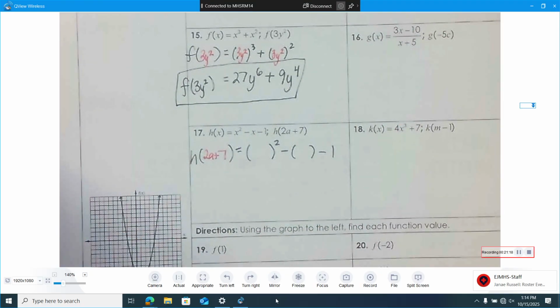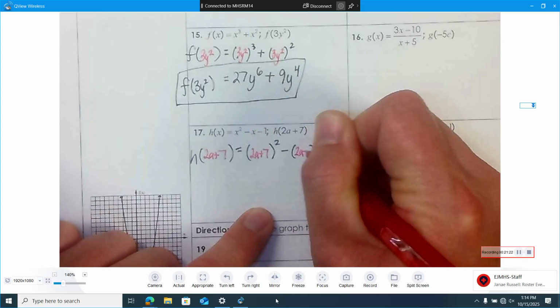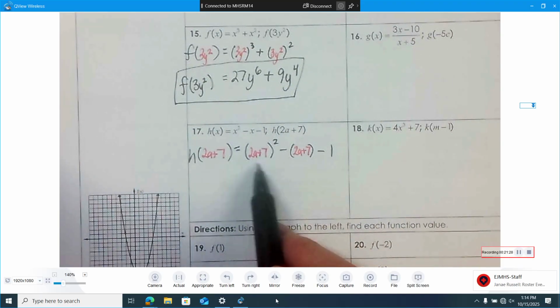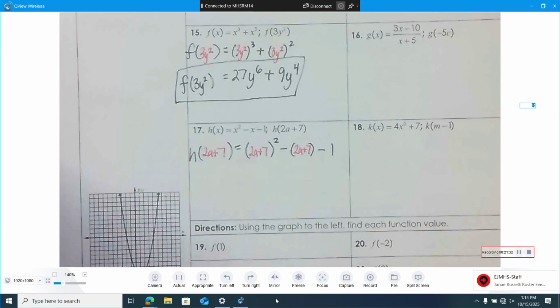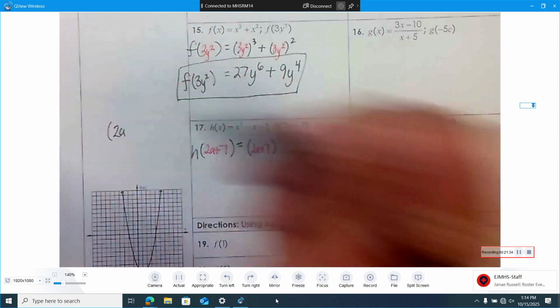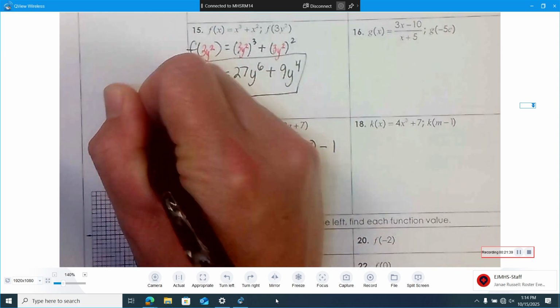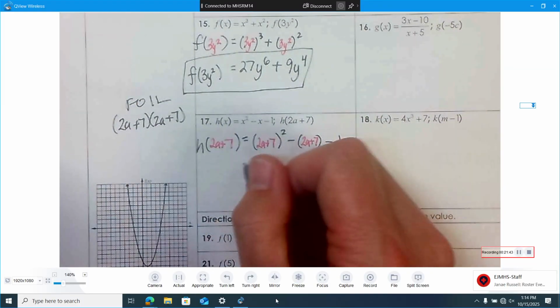Be very careful when you replace the x with 2a plus 7. Use those parentheses. What do we have to do with 2a plus 7? Square the quantity. Double it. It's 2a plus 7 two times, and we multiply them together.